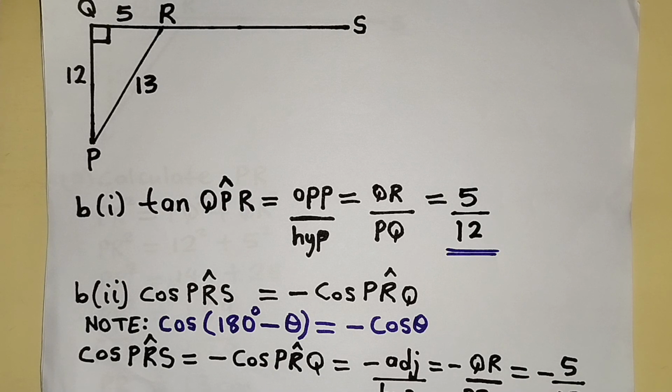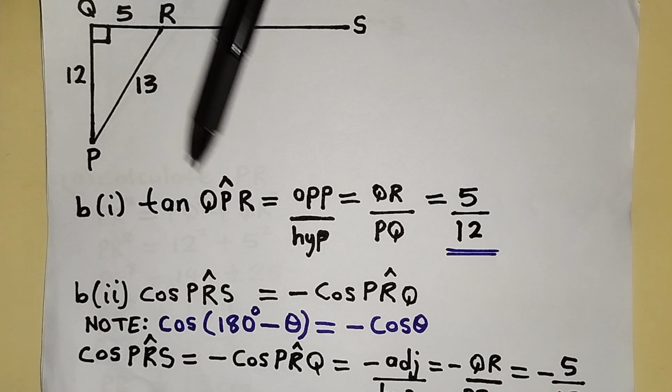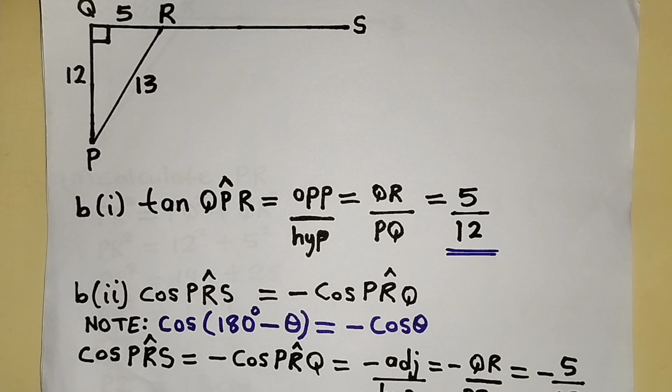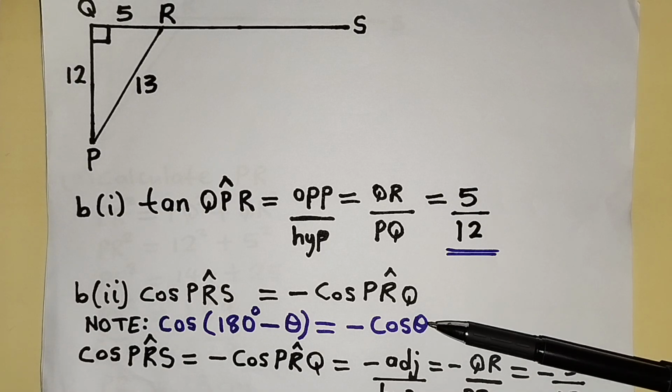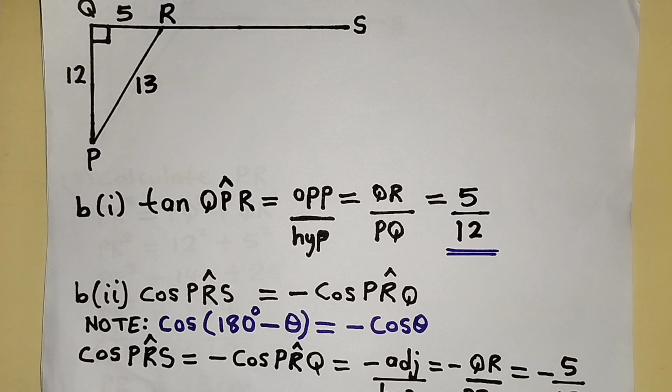Okay, so this obtuse angle here is the one which is being represented by this 180 degrees minus theta. And this angle here is the one which is being represented by this theta here. Remember, QRS is a straight line, so it's a straight angle and it adds up to 180 degrees.